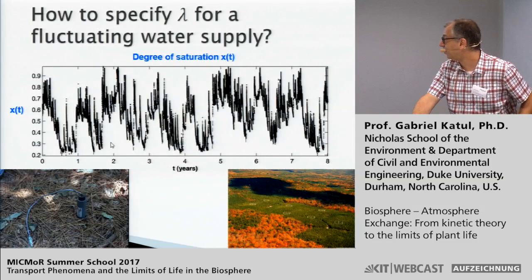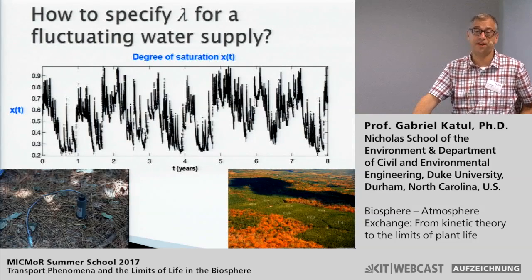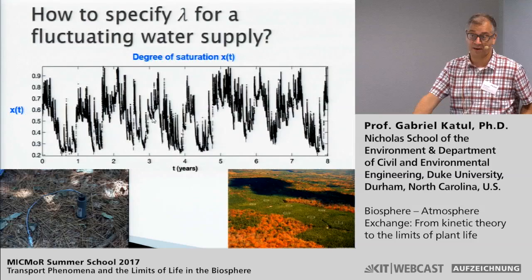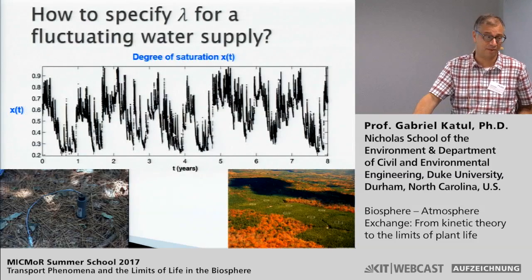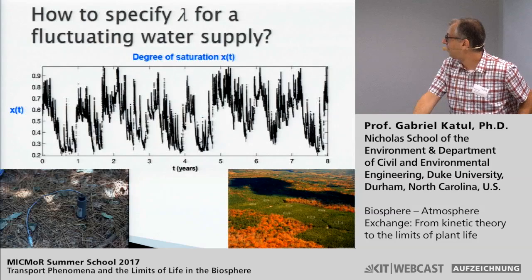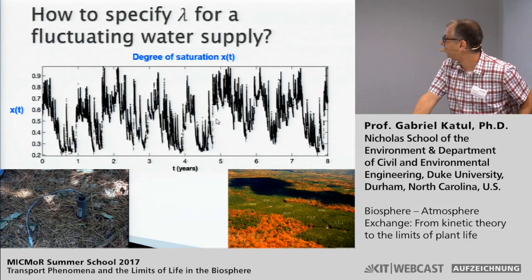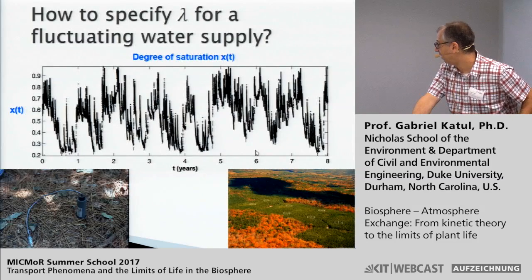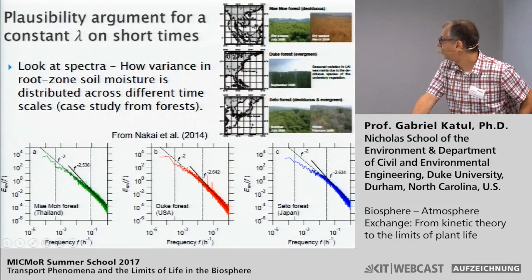You find that the resource availability, that we have bypassed by specifying the whole optimization, or anchored the whole optimization on transpiration, but we said it should be available water, fluctuates a lot, on many, many time scales. And so the question is, are these fluctuations so important that they would completely nullify the whole approach of Cowan and later revisions to it? And the answer is it depends.